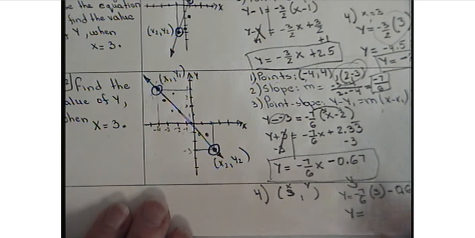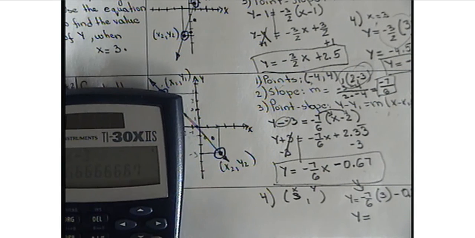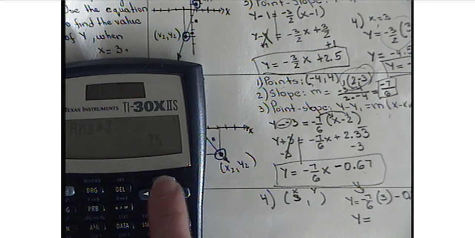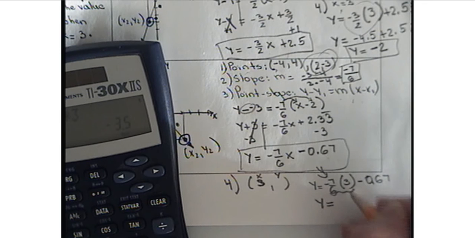So y will be equal to, I'm going to use the calculator again, negative 7 divided by 6 times 3 will be equal to negative 3.5. So this whole thing here is negative 3.5 minus 0.67.